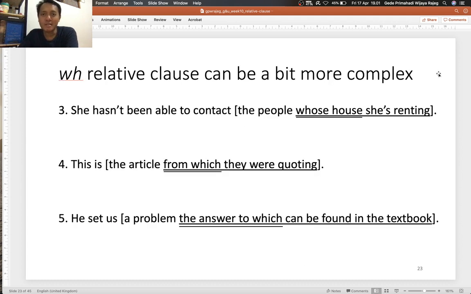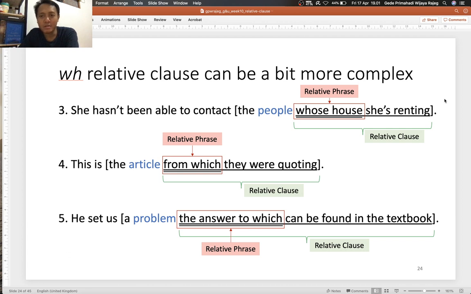But this relative pronoun slot can be complex. It can consist of two words such as whose house, from which, and the answer to which. Because this relative pronoun slot consists of more than one word, they are also referred to as the relative phrase in this more complex relative clause.